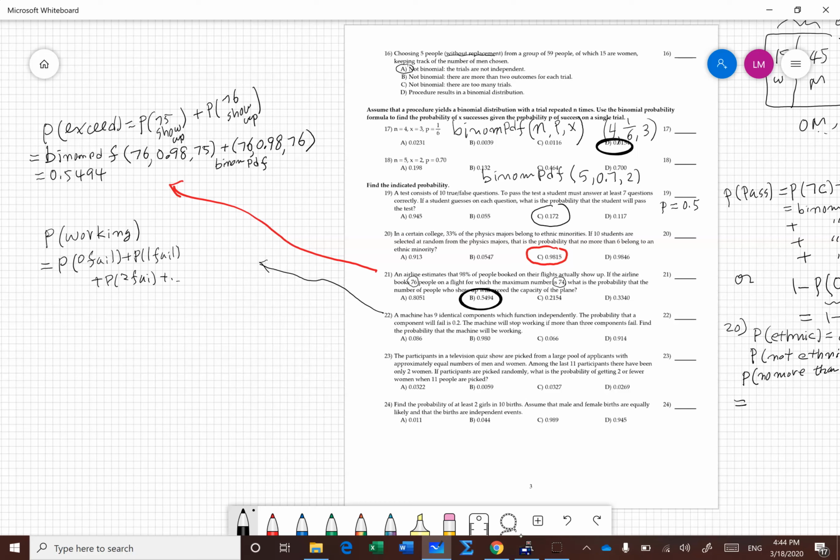How many fail? Because if more than 3 components fail, it stops working. So it's okay, the probability of 3 can fail. Up to 3 fail is fine, then it will be working.